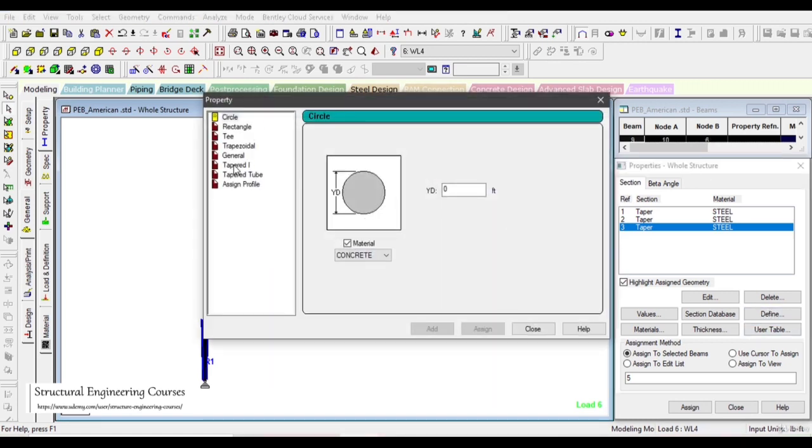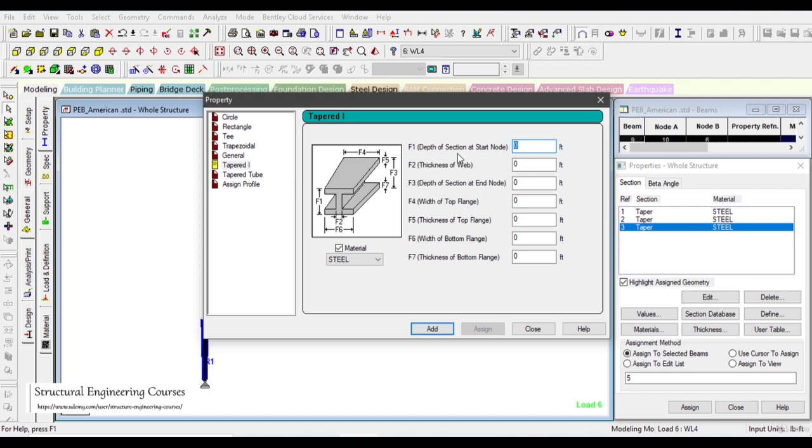So we can go to define, tapered I, depth of section start node we can take it as 3.5 foot to 2.75, thickness of web we can take it as 0.03, 0.05, 1 foot only.